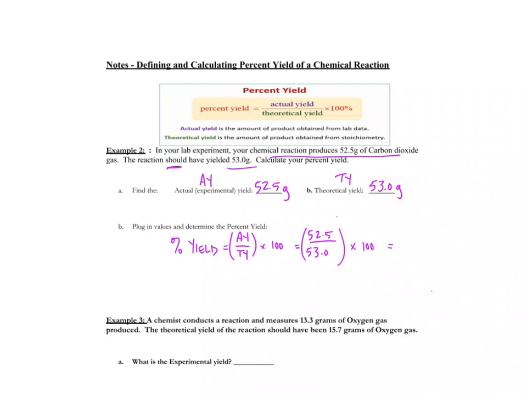Multiplied by 100, I should get 99.06%. Like I said, it's very close to 100. It's not quite 100, but it is going to be a high number, which is what you want. The higher the number you have, the better off you are.